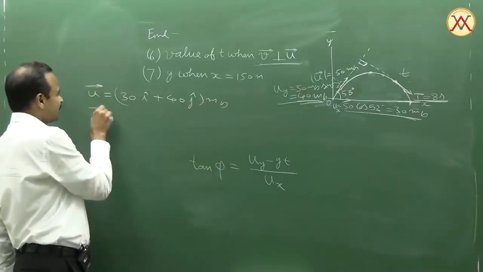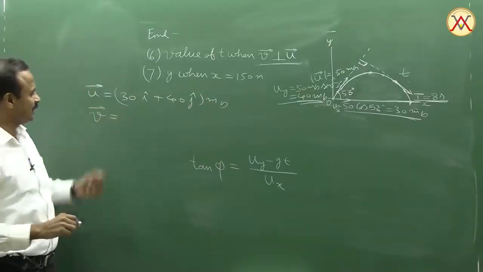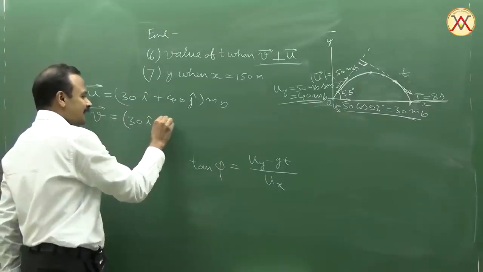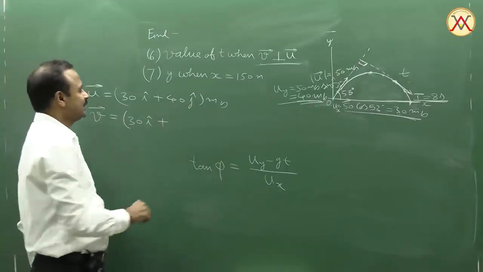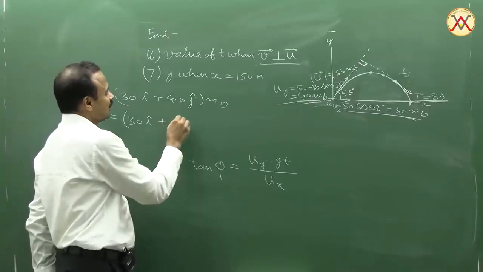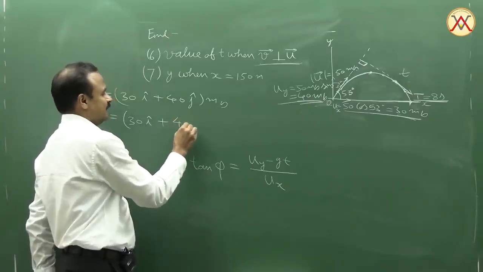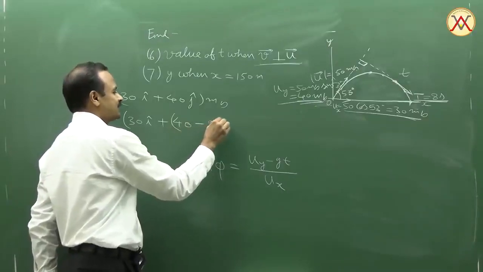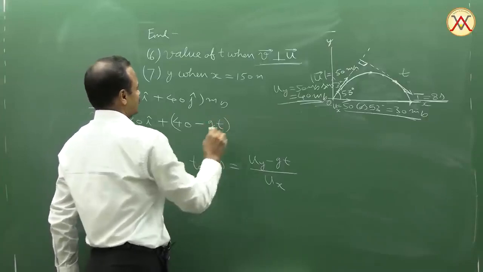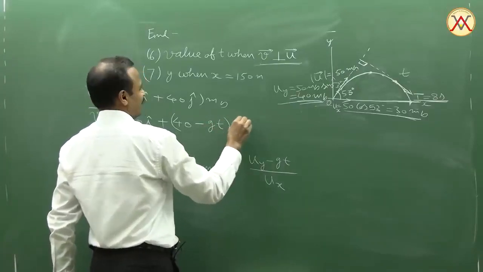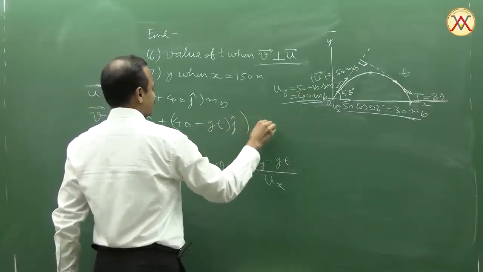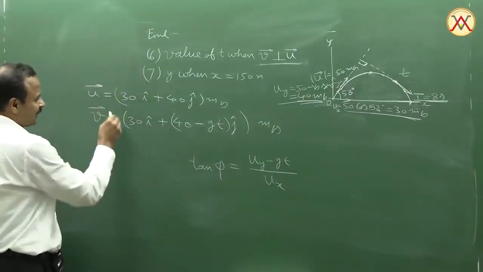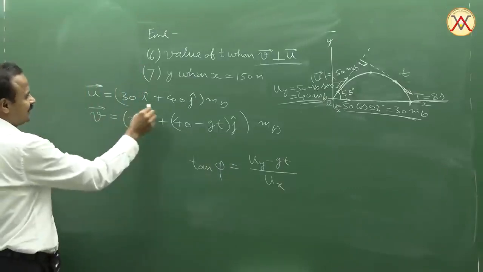Now for the v vector, we know that the x component doesn't change, so this one will be as it is, 30 i cap. The y component is uy minus gt using the first equation, so 40 minus gt, into j cap, and the answer is in meters per second. So what we can do is put the dot product of these 2 vectors equal to 0.